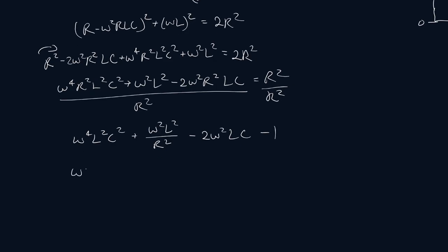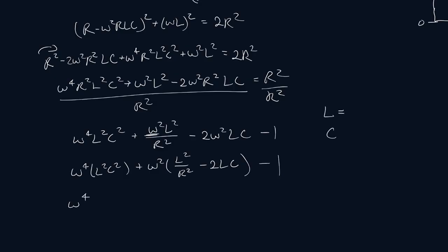Let's factor out the W to the 4, and let's factor out this as well. There's a W squared in both of these, so we'll factor it out from both of them, minus 1.